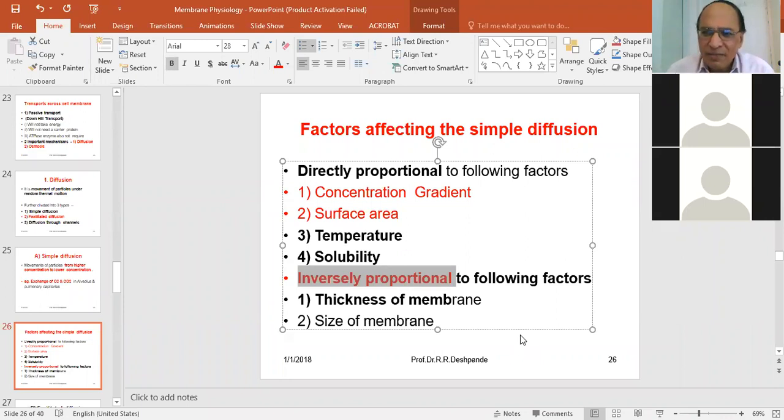I had TB and some part of my lung has been damaged, it is fibrosed. So naturally, I will sometimes have dyspnea because the thickness of the membrane will not allow the diffusion process. Then size of the membrane: if the size is big, diffusion is easy. If the size is less, entry will be difficult. So these are the factors which control the diffusion process.